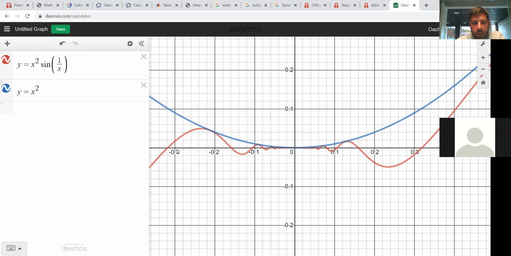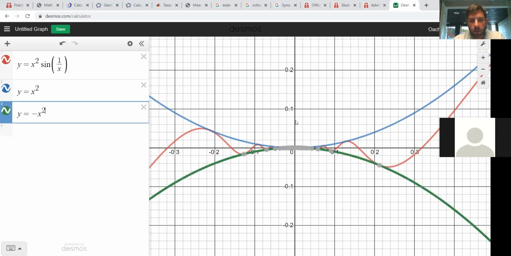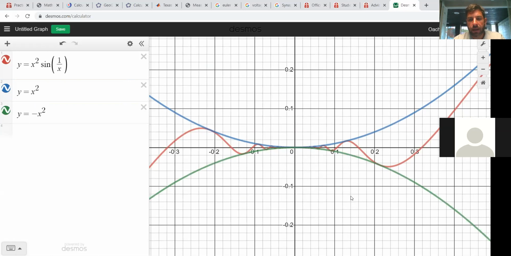It looks to me like the red curve is trapped below the blue curve, which is y equals x squared. And then something even more challenges my mind. I recognize from my years in algebra that if I flip the x squared, I get this upside down parabola, which is green.